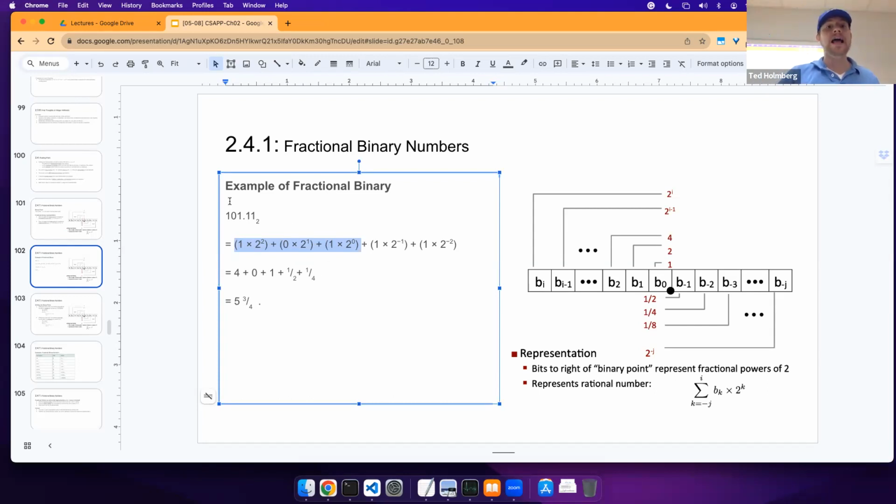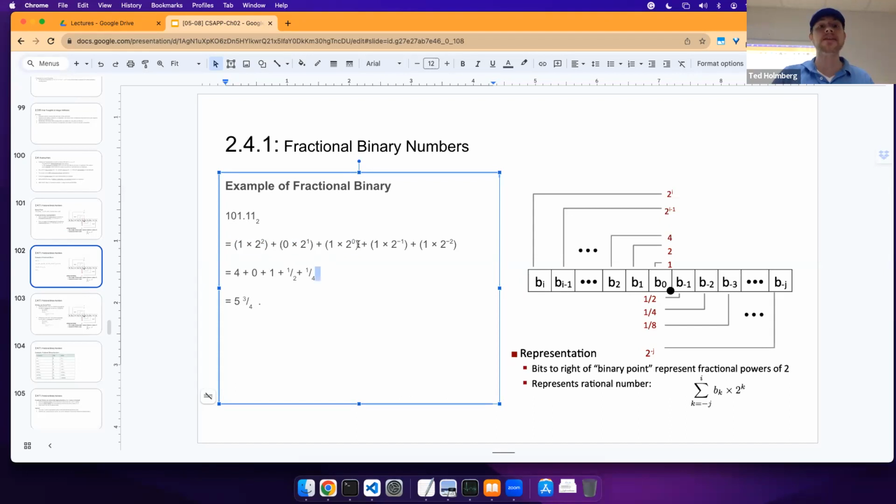So if I have 101, I'm going to grab the first bit to the left, and another way of expressing that would be 1 times 2 to the power of 0, and this is a summation. So then 0 times 2 to the power of 1 plus 1 times 2 to the power of 2. So clearly this portion, in the way that we translate our binary real number, is no different than what we were doing to work on integers.